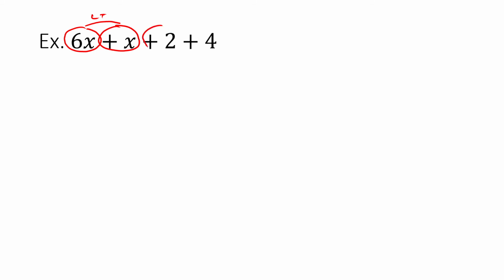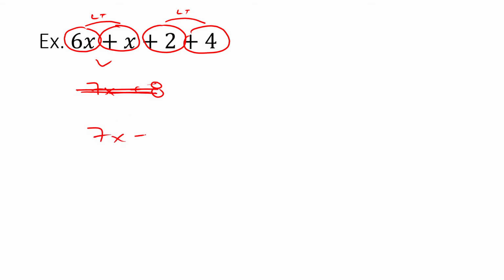Yes, it's 2 and plus 4. Those are like terms. Now we combine them. 6x plus x is 7x, plus 2 plus 4 is 6, so 7x plus 6.